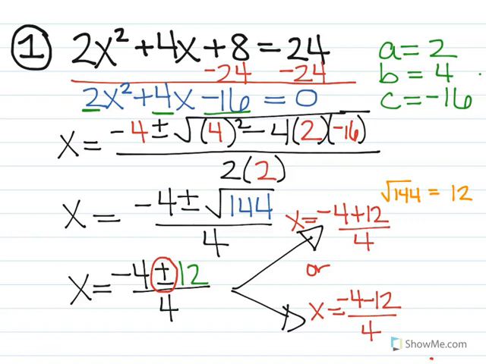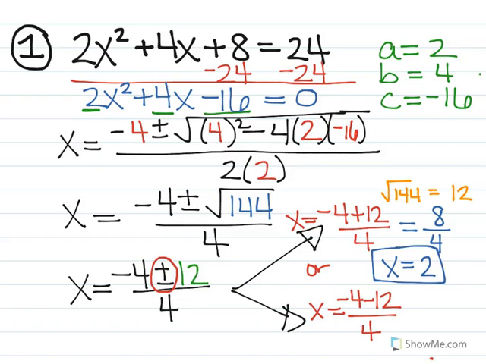Now there's a couple ways that you can simplify this. You can divide each thing by 4 first, or you can work with the numerator first and then divide it by 4. I like to work with the numerator first, so I would do negative 4 plus 12, right, and that would give me 8. And then I could take 8 and divide it by 4 and get one of my answers is x equals 2.